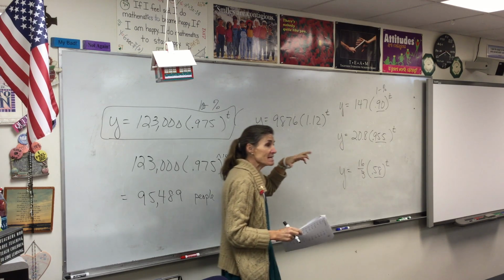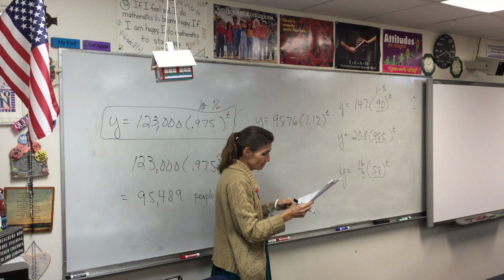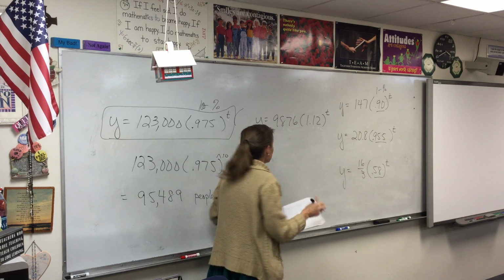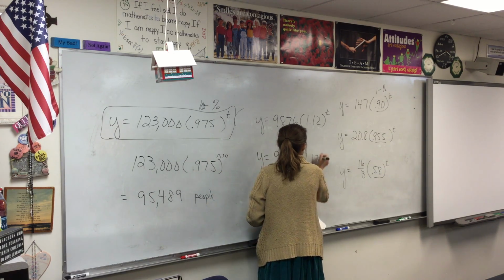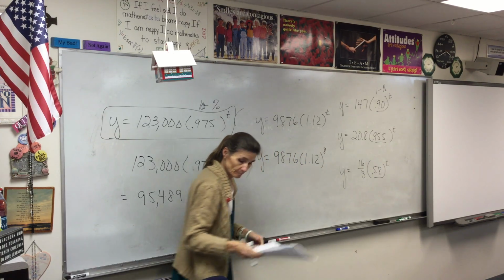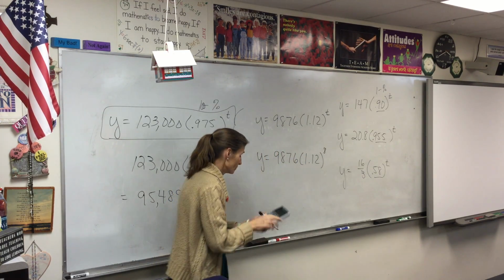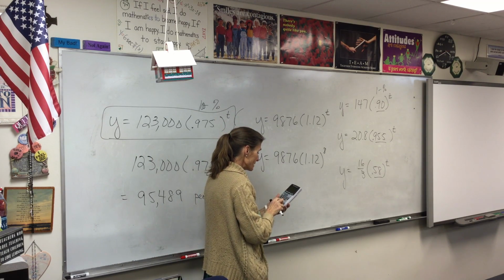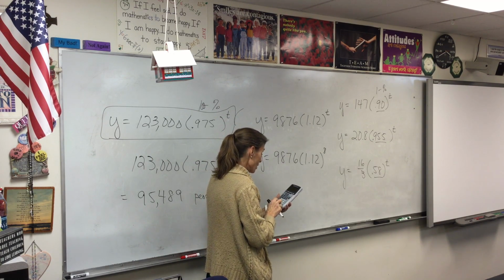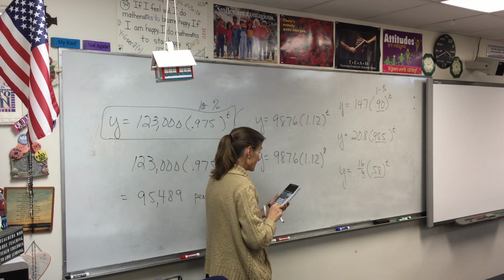Now, how many years are we waiting? 8? So we're going to go ahead and type into our calculator this. And don't hit any equals in there till the very end. So 9876 times 1.12 raised to the 8.